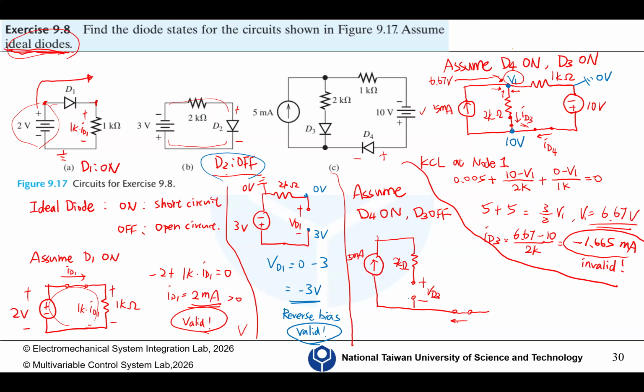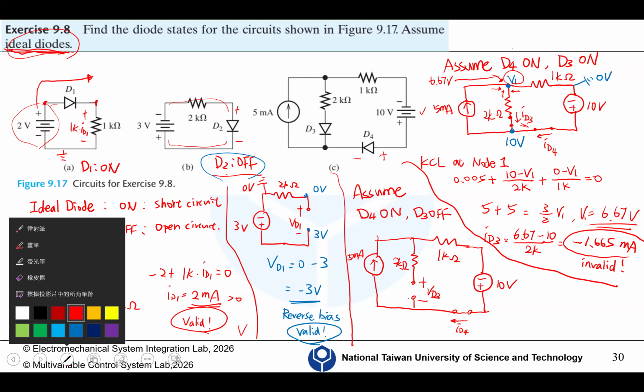So we draw the direction of current, this ID4, and then this is 1K ohm, and there's a voltage source, 10 volts. Okay, how about this case? In this case, I use a different color.